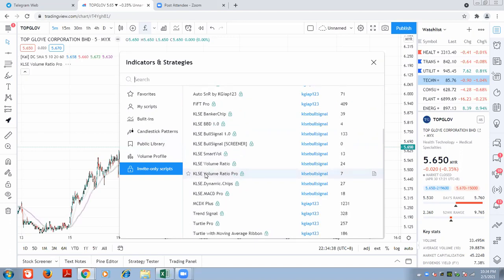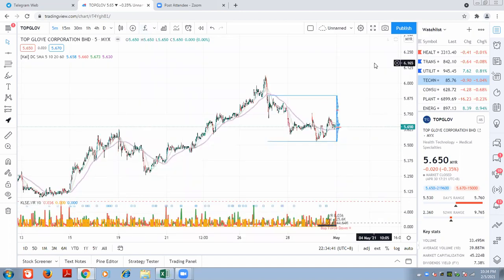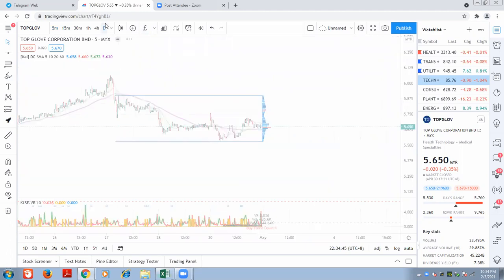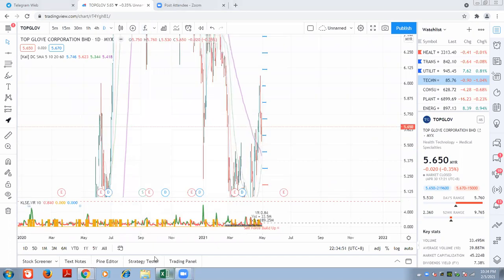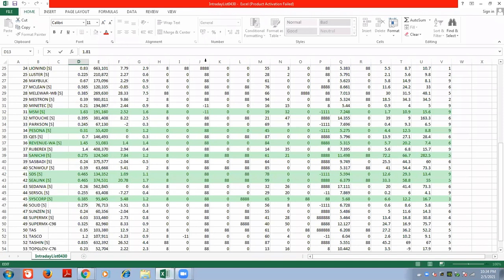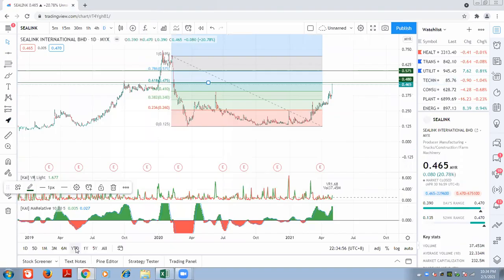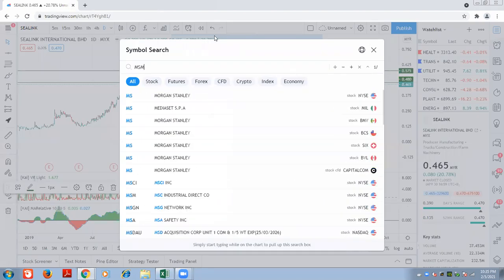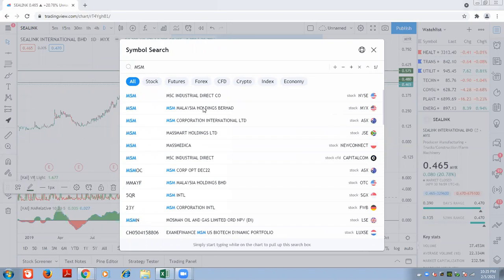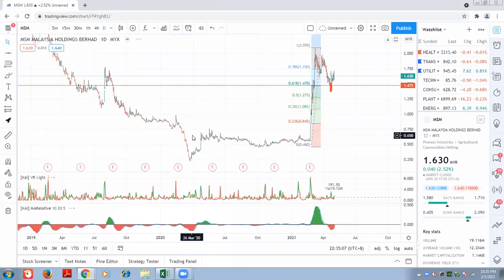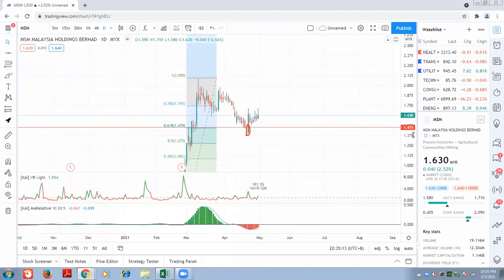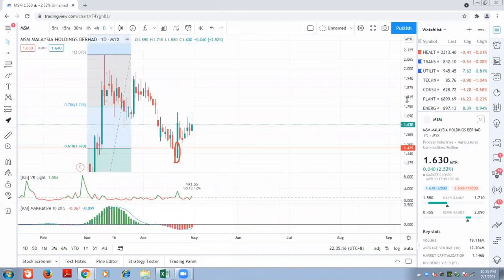The VR Pro. Okay, MSM. We're going to take a look at MSM.